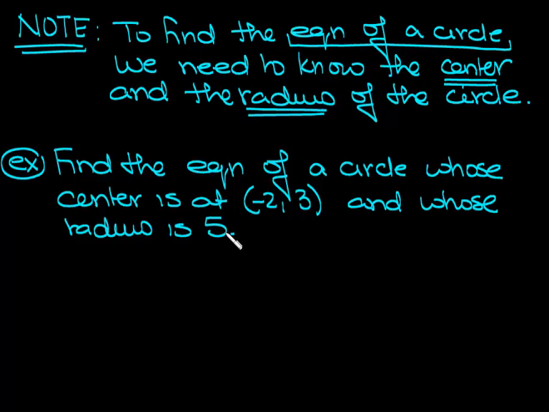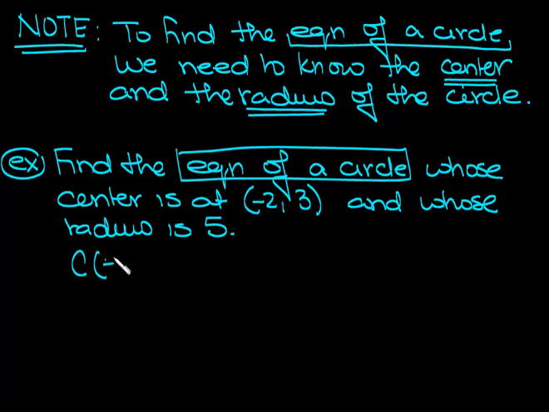They have asked us for the equation of a circle, so we need to know the center and the radius. They've given us the center, I'll call it C, which is (-2, 3), and a radius r, which is 5. The center coordinates, instead of calling them x and y, are called h and k, where h is the x value of the center and k is the y value of the center.